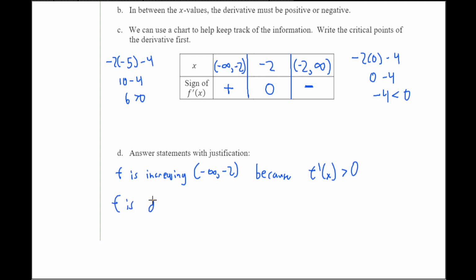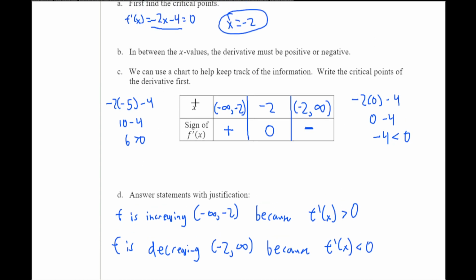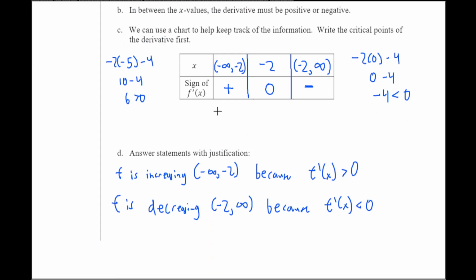F is decreasing from negative 2 to positive infinity because f prime of x is less than 0. These are justifications that you have to know anytime you solve a problem like this. You will have to memorize these.